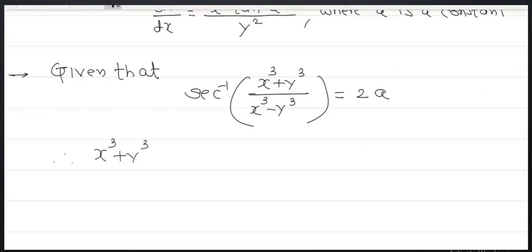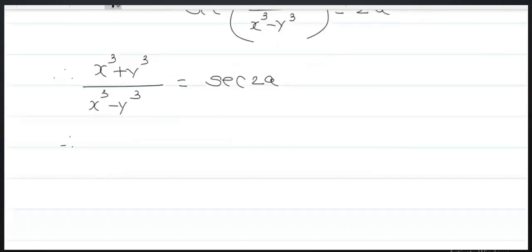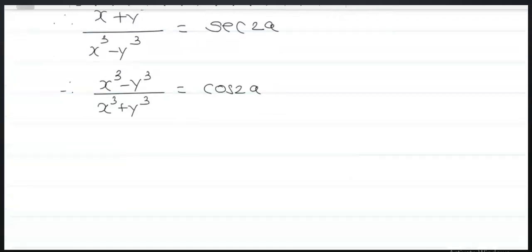Therefore, x cube plus y cube upon x cube minus y cube is equal to sec of 2a. If you take their reciprocals, then you will get x cube minus y cube upon x cube plus y cube is equal to cos of 2a.